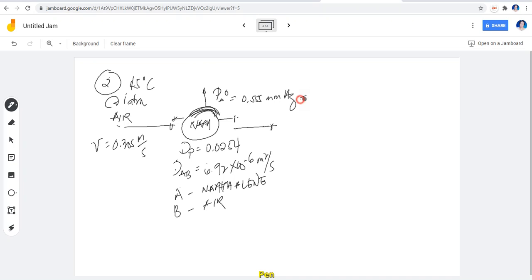If this is converted to Pascal, that way we will have just substitution later on for SI units, this will be 74 Pascal. Now this is the given information for our problem, and the required information are the mass transfer coefficient and the flux. Okay, these are the two.